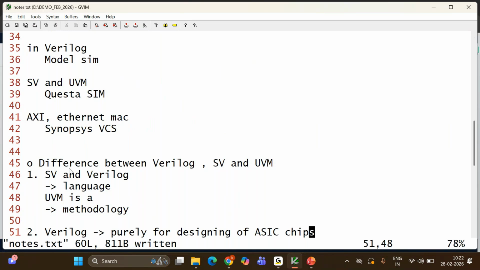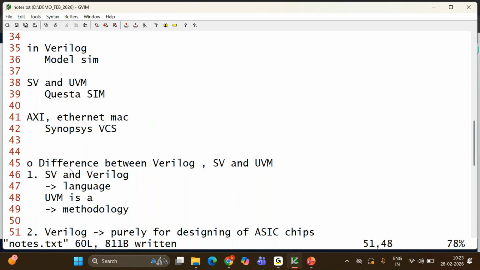When I say ASIC chips, application specific integrated circuits. Example is a mobile phone. It's application specific. My mobile phone, which has a bionic processor, it is application specific for the mobile phone actually. Means that chip is only meant for this mobile phone operation. I cannot remove that chip from my mobile phone and keep it in my laptop and use it as a laptop.